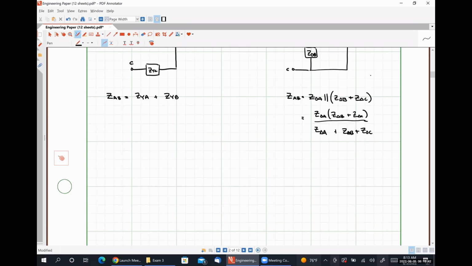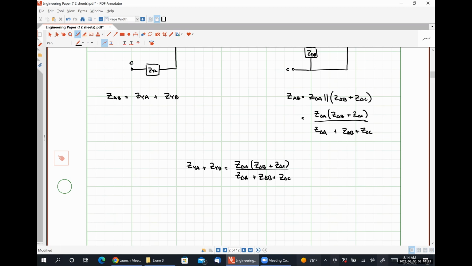So we could say from here that ZYA plus ZYB is equal to Z delta A times (Z delta B plus Z delta C) over Z delta A plus Z delta B plus Z delta C.